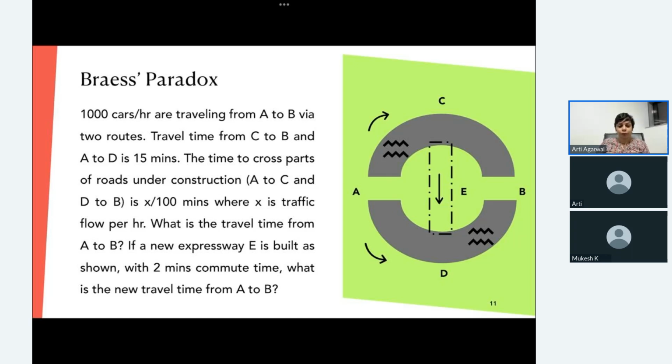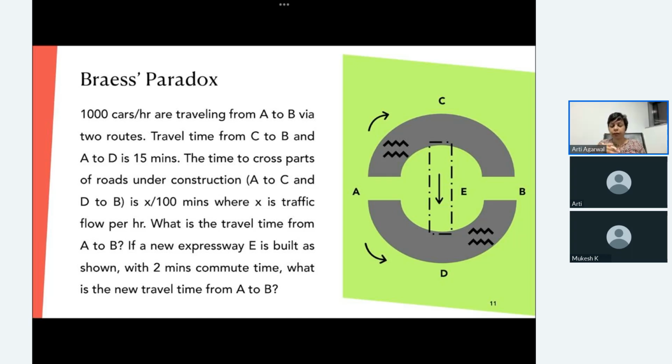So that's the logic here, which means that if ACB were faster than ADB, what happens? Some of the cars from ADB will jump to ACB instead, from A.